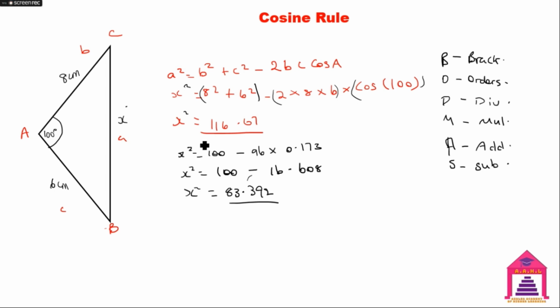So when we broke it down, we did our powers first, which is our orders. We got 100.